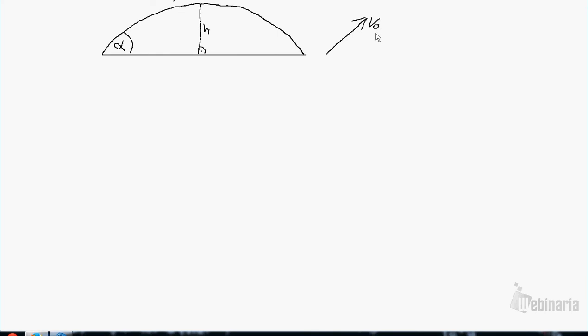I call it V0 or VO. V is velocity and 0 because it is at the starting point. We both know that because it is a vector, you can define it as the sum of two different vectors.